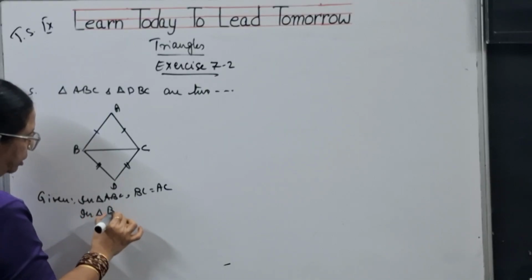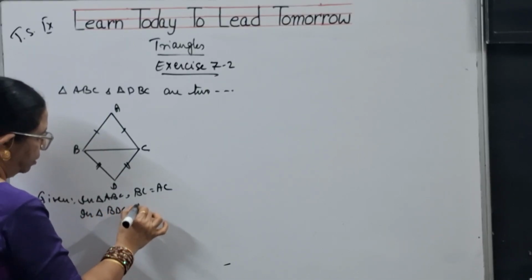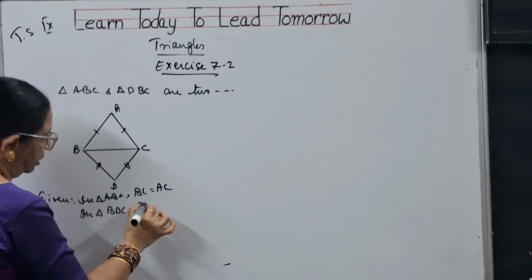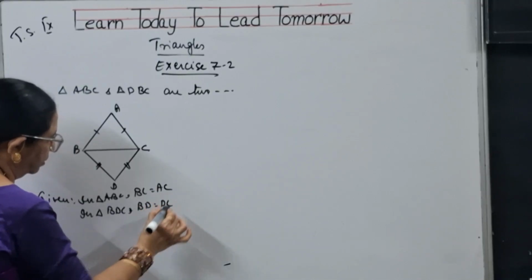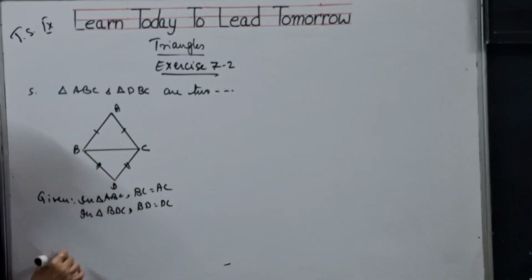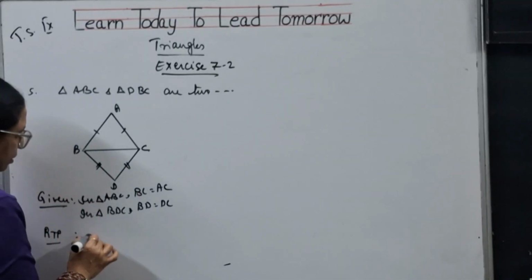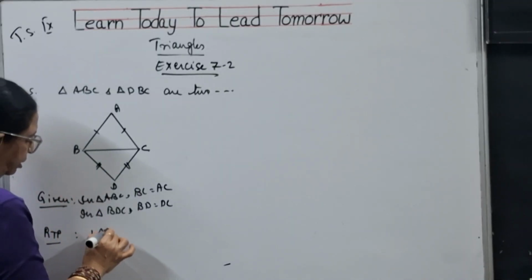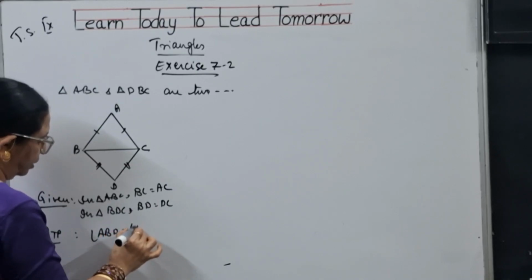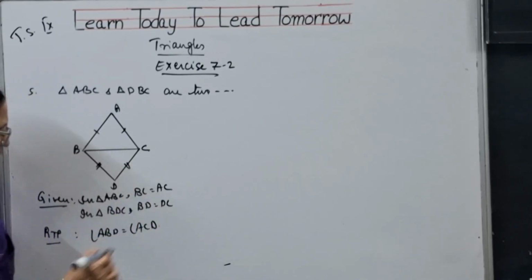In triangle BDC, BD is equal to DC. And what is RTP? We need to prove that angle ABD is equal to angle ACD.